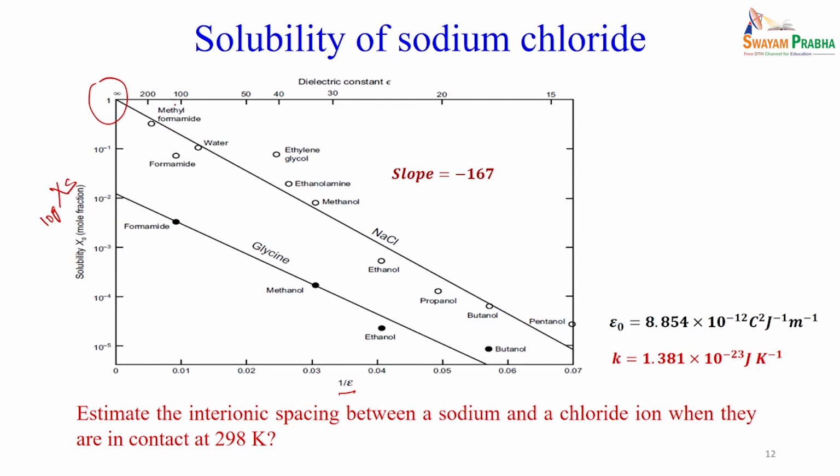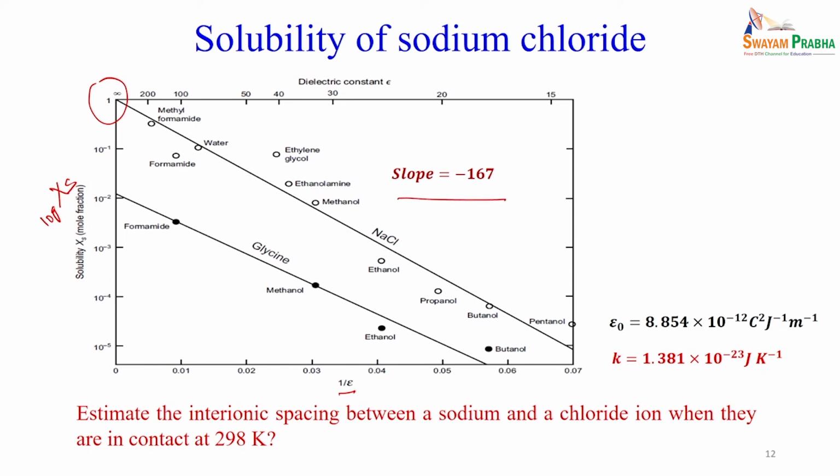You can see different media: methyl formamide, water, ethylene glycol, ethanol, methanol, butanol, pentanol, different solvents with different dielectric constants, and we have a linear graph. So, as expected, we are having a linear graph, and its slope is coming to minus 167.